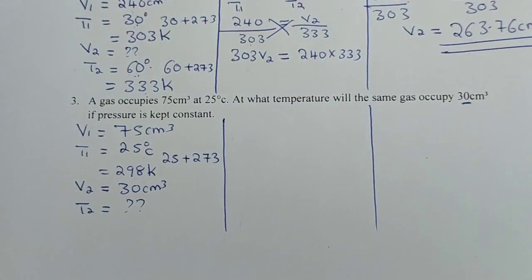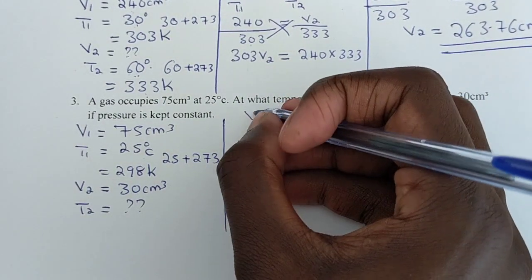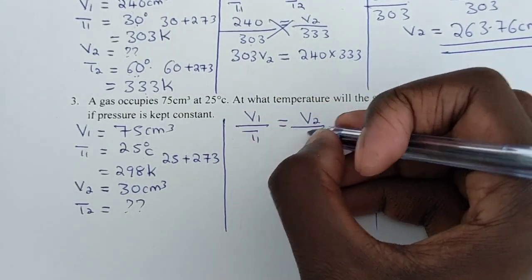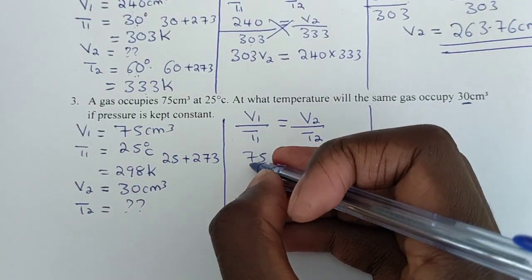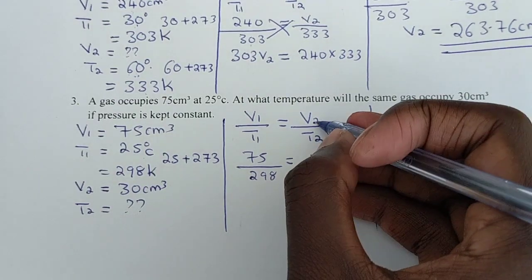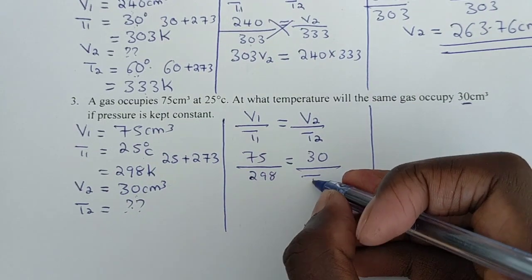So to express the calculation in Charles law, we use the formula. The formula says V1 over T1 equals V2 over T2. Our V1 here is 75. We have 75 over T1, which is 298, equal to V2, which is 30, over T2, what we are calculating.